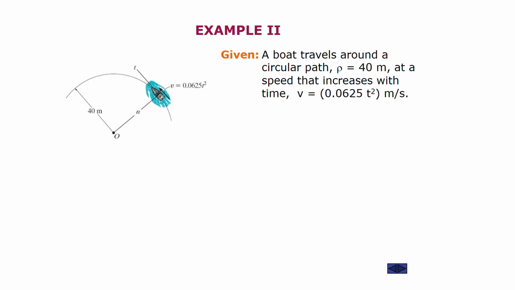The speed increases with time at the rate of v equals 0.0625 t squared. So from here, you can see v is a function of t. If we differentiate v with respect to t directly, you will have 2 times 0.0625 t.